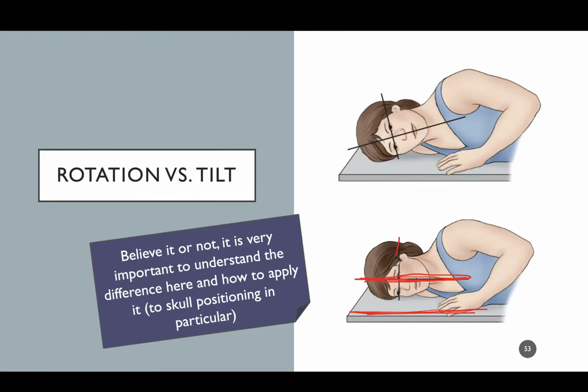And this line too, the interpupillary line, they might say they want that to be perpendicular to the board. So as you can see, this is perpendicular to this. As soon as you have angles, like here, it's no longer perpendicular, it's at an angle. As soon as you have angles, that means that you have rotation. Sometimes it's on purpose, sometimes not, and then here, our midsagittal plane is no longer parallel with the board.